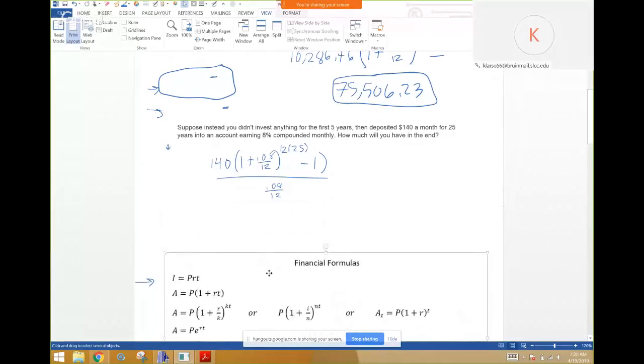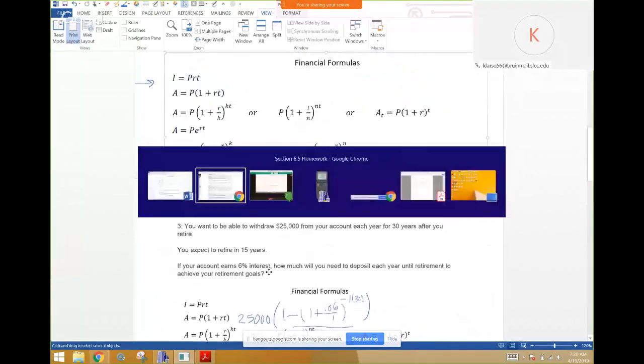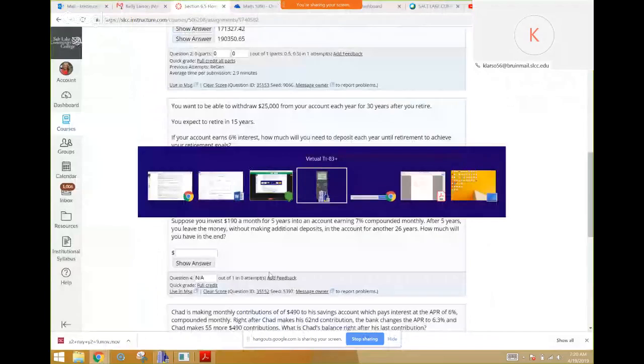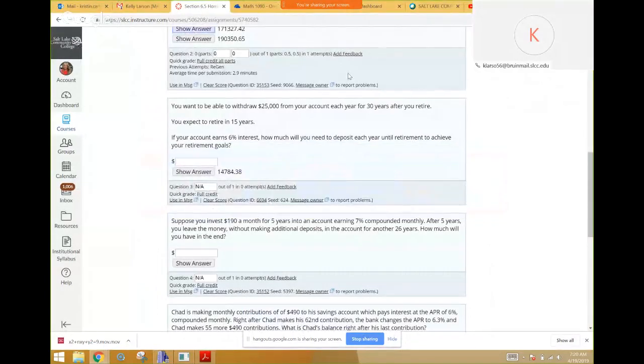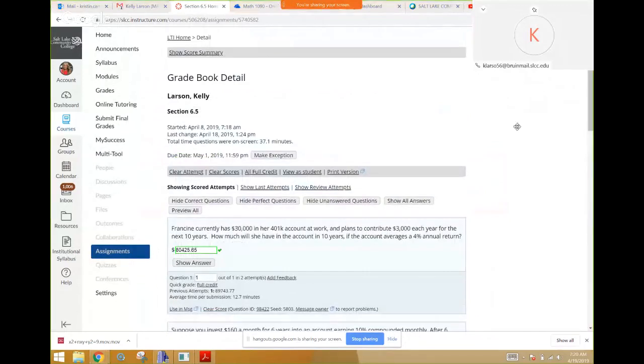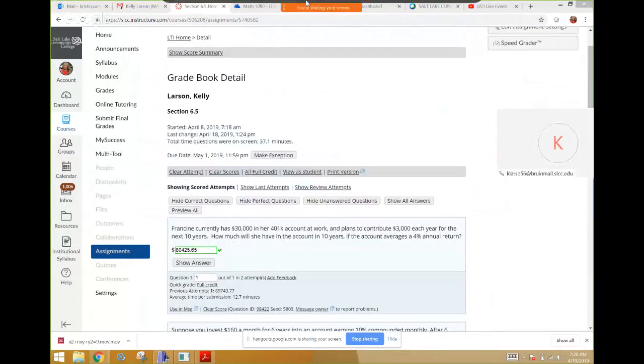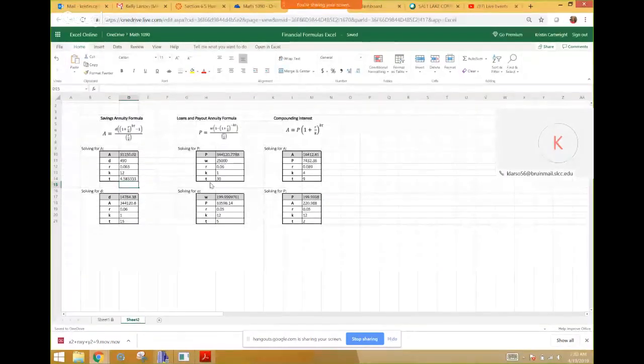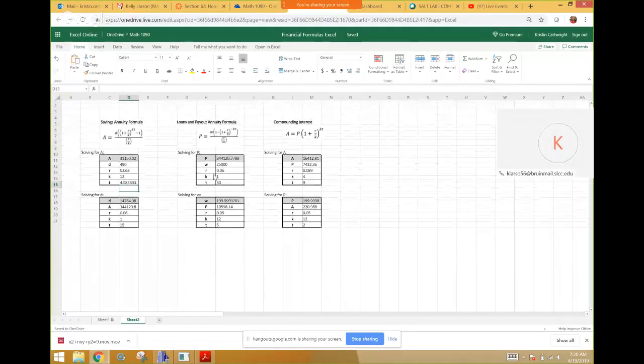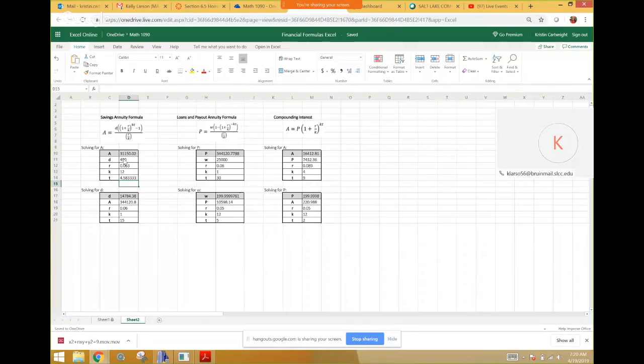And if we type that in, I actually have a little cheat sheet Excel. Let's see if I can pull it up. I made this myself just because I do so many problems with students, just to save time on typing it in the calculator. I can then put all the values in and the Excel will calculate it for me.